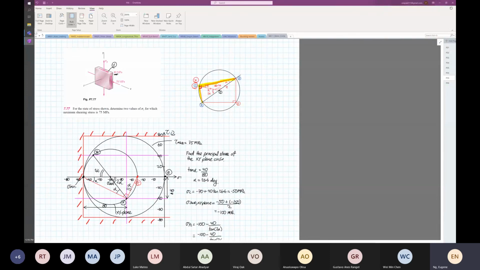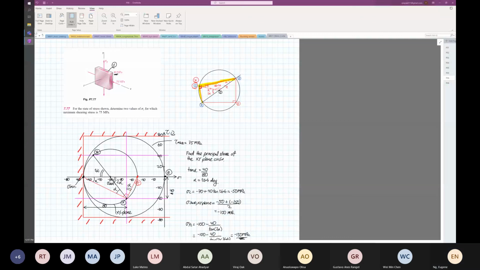So 2 multiplied by 26.6, so this is equal to minus 100 minus 40 divided by tangent of twice 26.6. So it's equal to minus 130 megapascal. So this is the other answer.